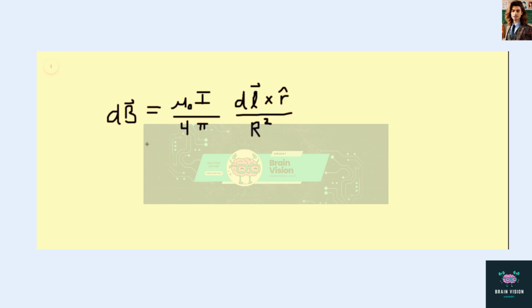So from the top one, maybe we should indicate this as part A first. We have B1 is equal to the integral of dB1. So we can replace what we have written above for dB1.